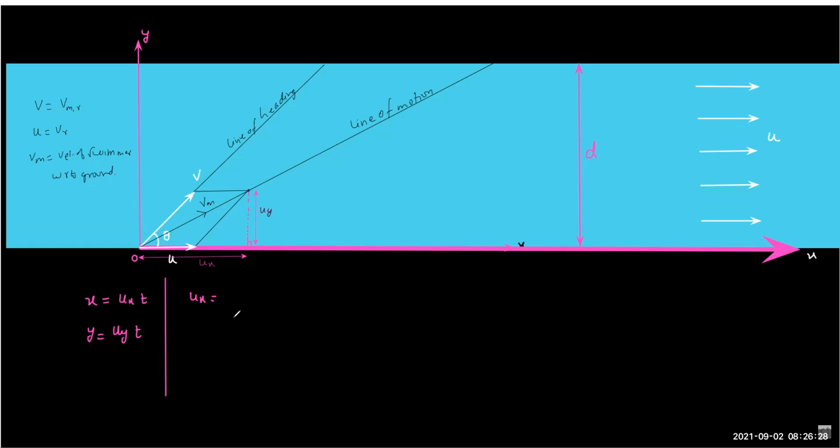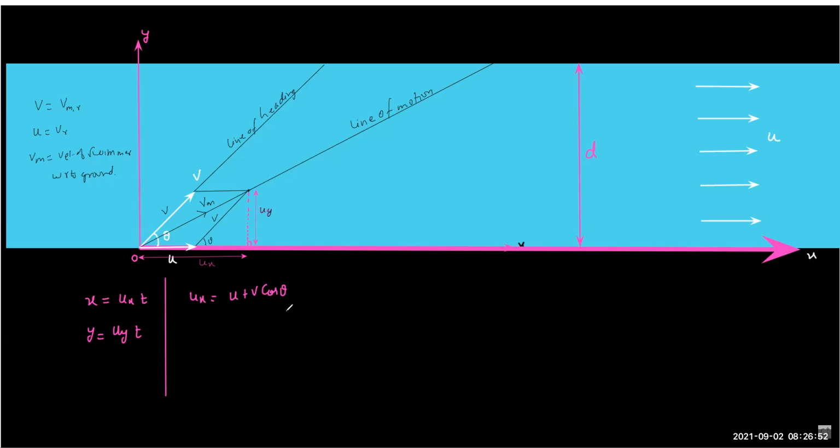So tell me, what is ux? If this is theta, this is also theta, and if this is v, this is also v. So the ux is obviously how much? Tell me, guys. So it is u plus v cos theta.